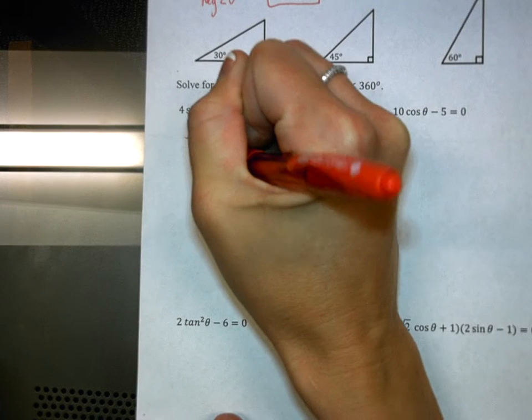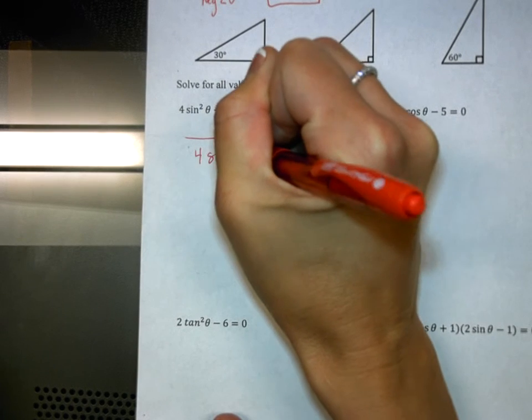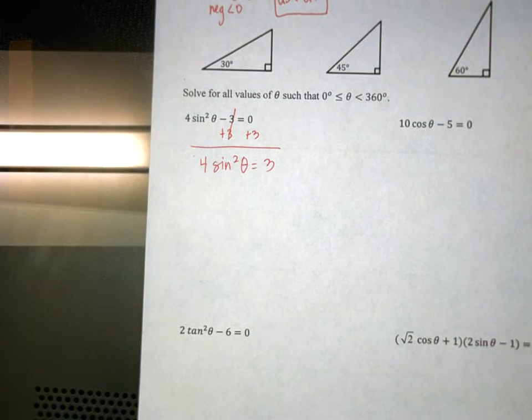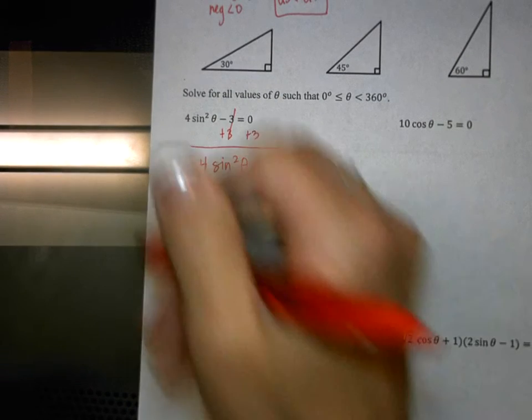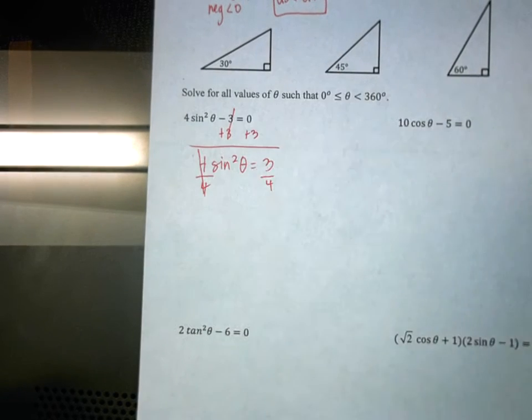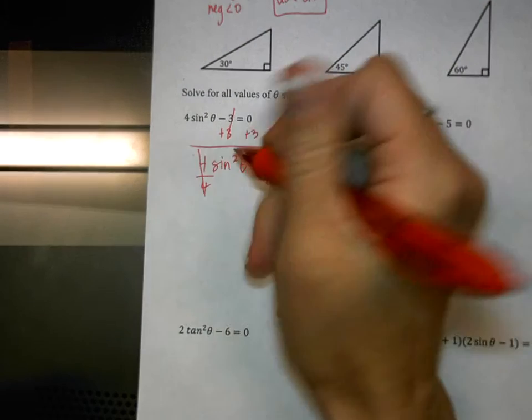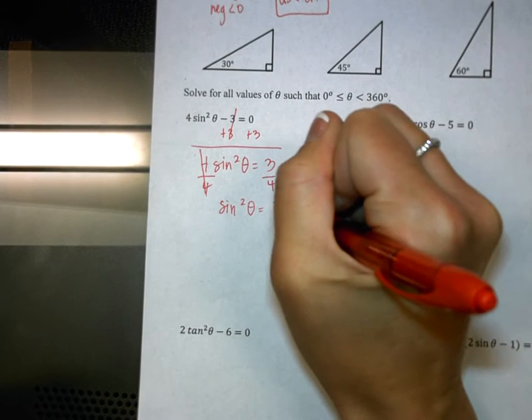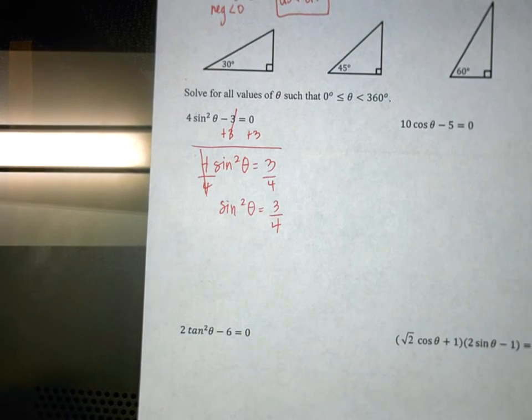Okay. So we get 4 sine squared of theta equals 3. What will I do next? Very good. Divide by 4 to both sides, because ultimately you're trying to get your sine, cosine, your trig function by itself. So sine squared of theta equals 3 over 4.